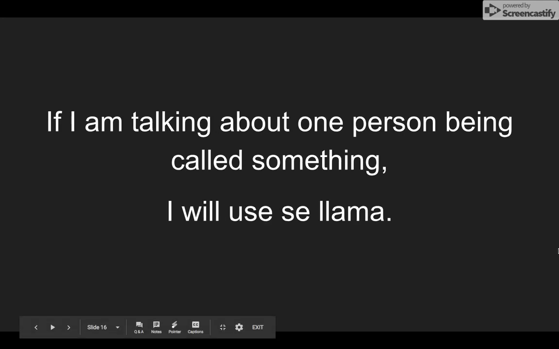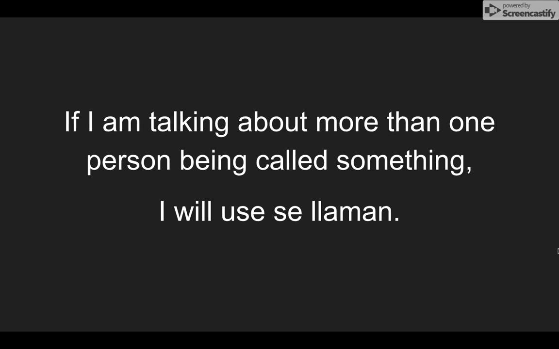If I am talking about one person being called something, I will use se llama, like in the sentence, my sister is called Anna. Mi hermana se llama Anna. If I am talking about more than one person being called something, I will use se llaman. In the sentence, my sisters are called Anna and Heidi, I would use mis hermanas se llaman Anna y Heidi.